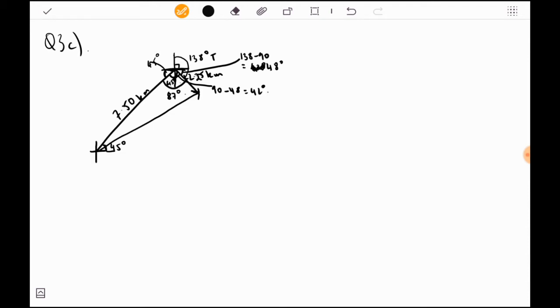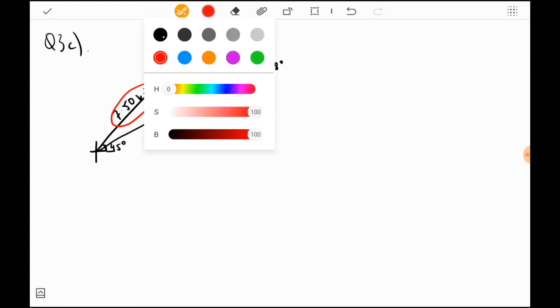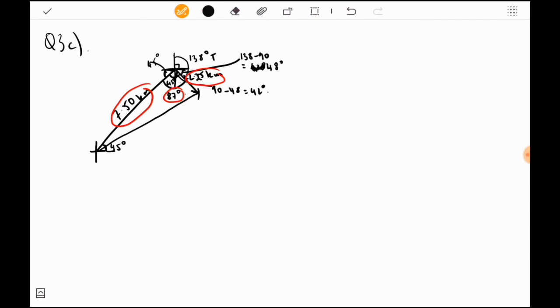So now looking at this, I'm going to change to a different pen color so we can circle what's useful. We know one side, and we know another side, and we know an angle in this triangle here. So even though it's not a right angle triangle, because we know two sides and one angle, and we're looking to find the magnitude of this side here, which we can just call A, we can use the cosine rule.